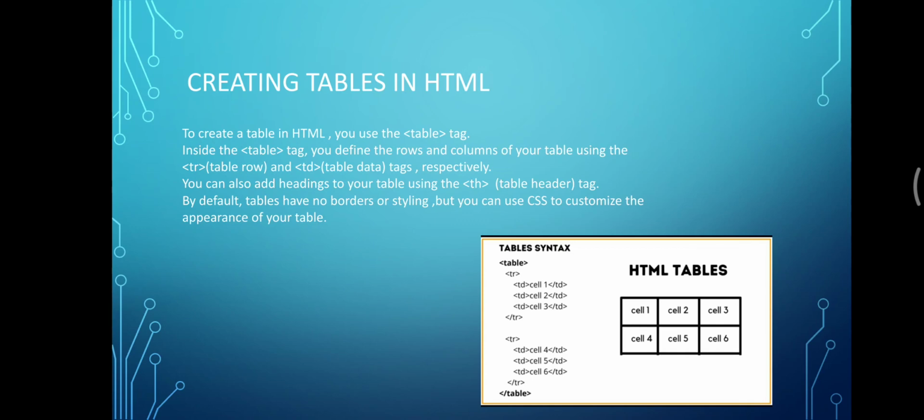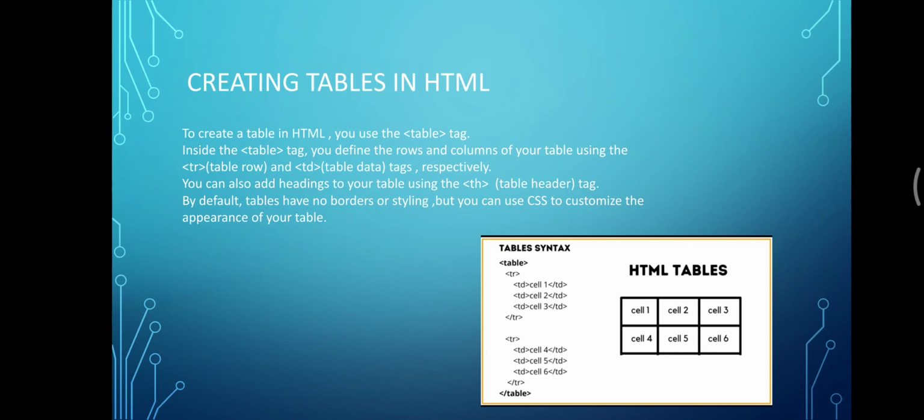The table tag references the whole table, what you are seeing in your right hand side corner. That is called the whole table, like we say cell 1, cell 2, it's like a whole table. And the tr tag references the table row; the row can be formed by using the tag tr.